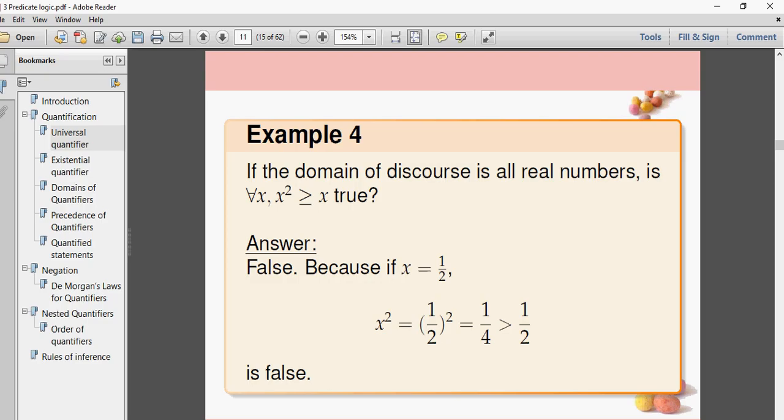Is a quarter bigger than half? No. So at least I have one element for which the proposition is not correct, so I cannot say for all elements it's true. At least I find one false, so it's not correct, it's false.